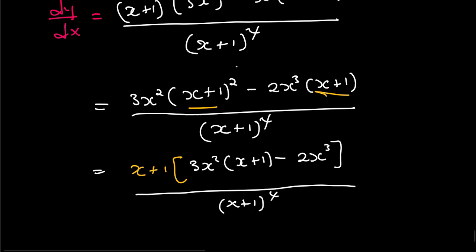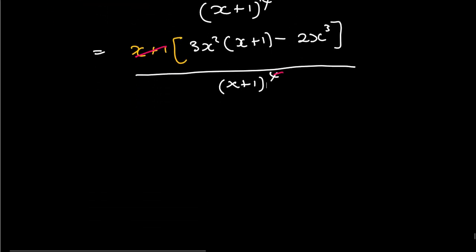So we clearly see that this x plus 1 and one of these x plus 1s cancel out, and expanding the numerator for further simplification, we will get 3x cubed plus 3x squared minus 2x cubed.